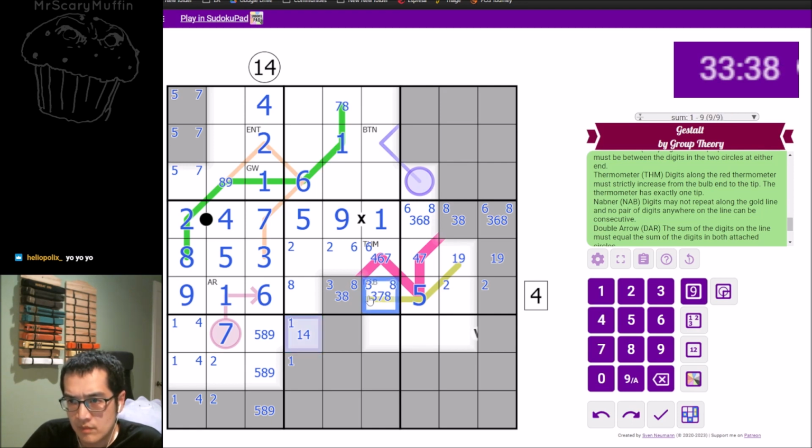Is there a problem here if this is an 8? If this is an 8, this can't be a 7 in here, right? 2, no, it could be 2, 7, 8, 9. That still works.